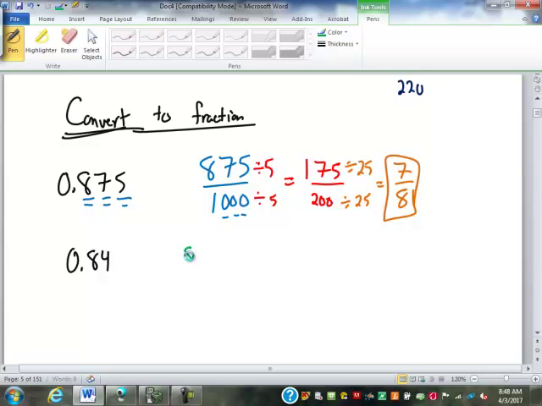So this is going to be 84 over 100, yes. Tenths, hundredths, or 2 decimal places, so 2 zeros. Both of those can be divided by 4. 84 divided by 4 is 21. 100 divided by 4 is 25. So 21 over 25.